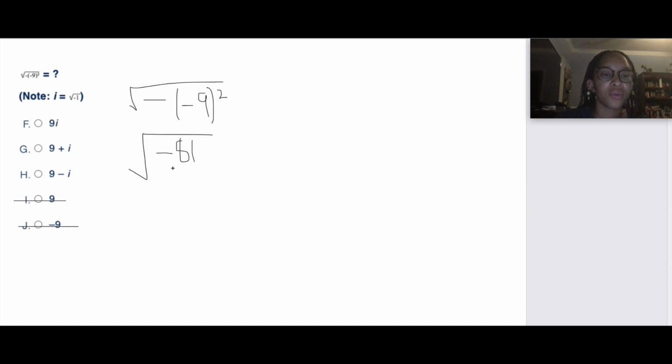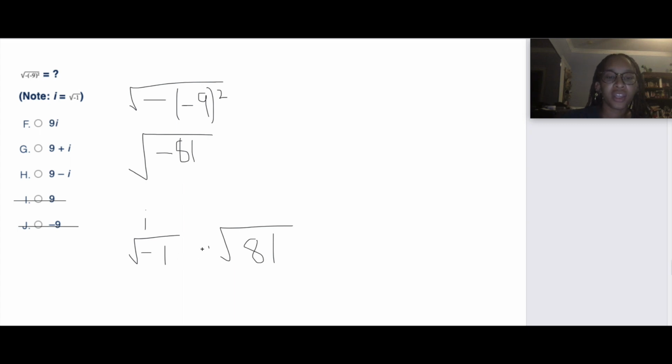So now we can rewrite the square root of -81 in a different way. The square root of -81 can be written as the square root of -1 times the square root of 81.